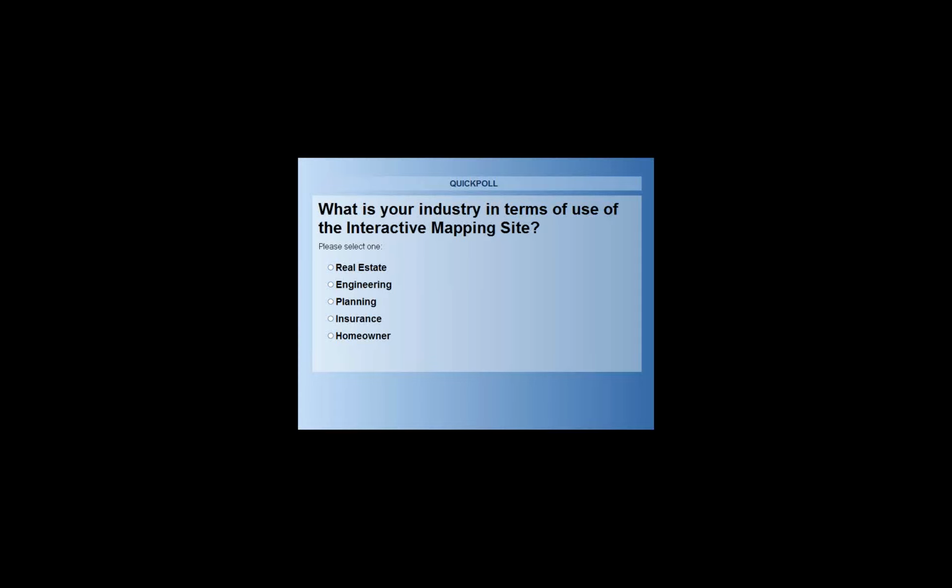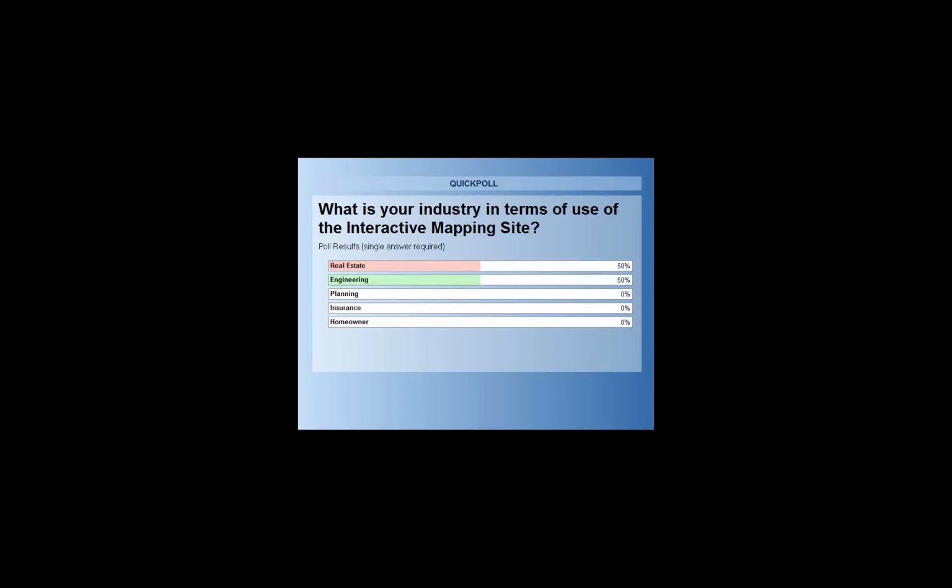Okay, we'll close this poll and see the results. Okay, one from real estate and one from engineering. Okay, perfect. So I'll try to come up with examples perhaps that are more along those lines if I can. Let me get back to sharing my screen.